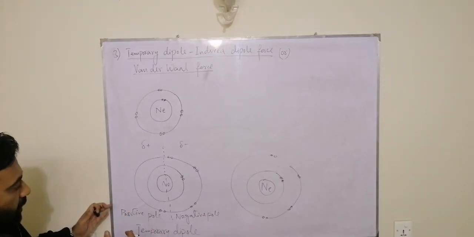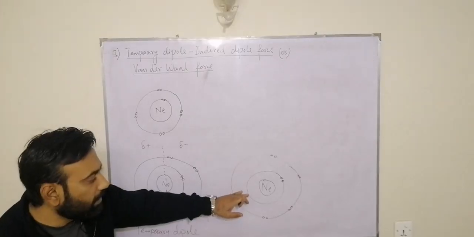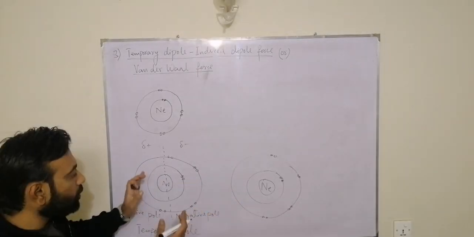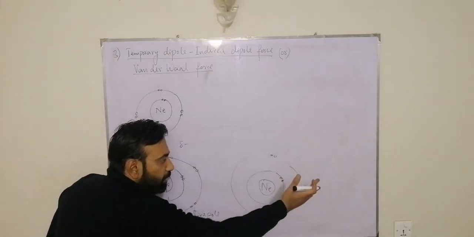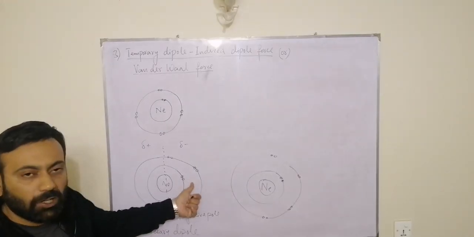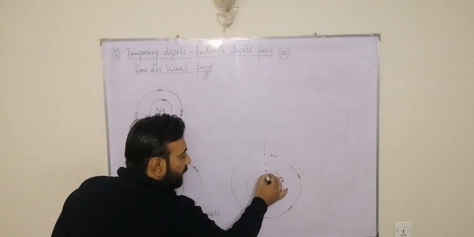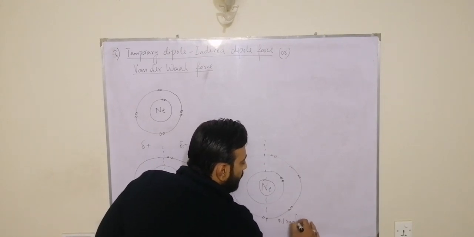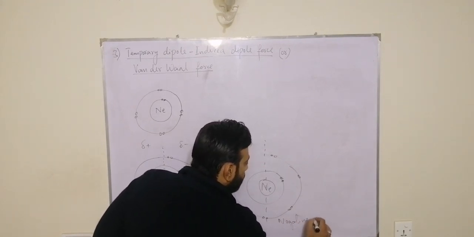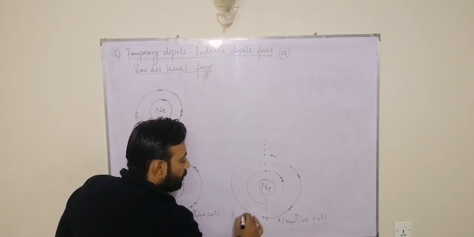See, this was formed due to the movement of electrons. This is formed because of the repulsion of this negative pole. These electrons have shifted towards the right side due to the repulsion of the negative pole of this neon atom. Now again, if you divide this atom into two, this part becomes the negative pole and this side becomes the positive pole.